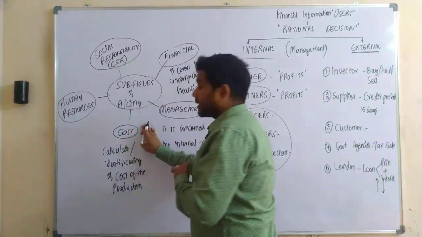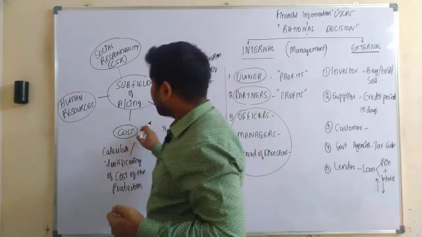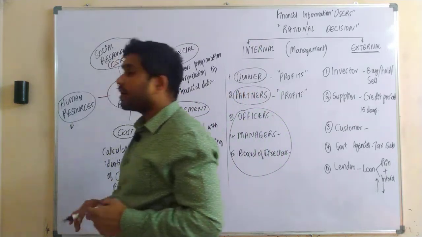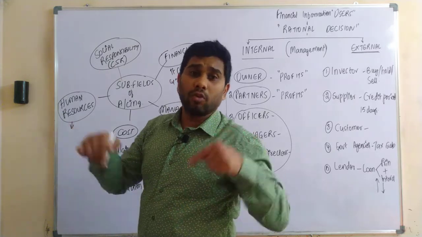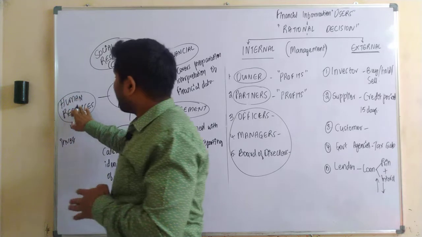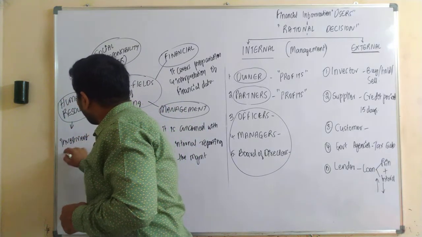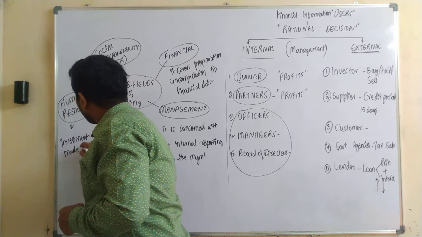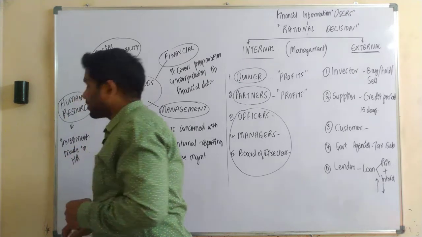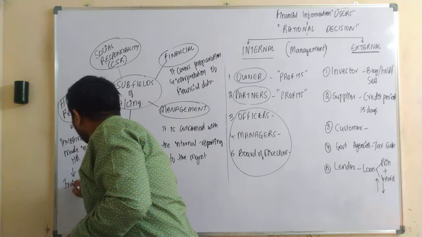So this is also would be covered in your CA Inter. Human resources accounting. Human resources accounting is prepared to know the investment made in human resources, such as your training to the employees.